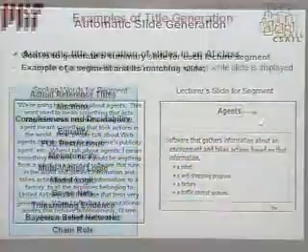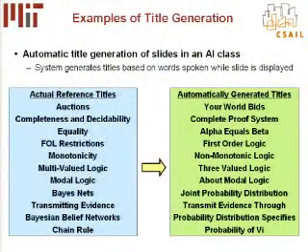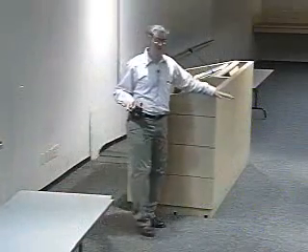Their goal is to generate something that looks like this based only on this. So they've got something that will generate a generic title and also a bulleted list of topics that are in that segment. Here are some examples of the actual reference titles provided by the slides from the lecture, and then their automatically generated titles.